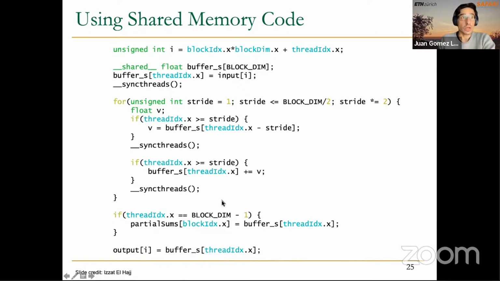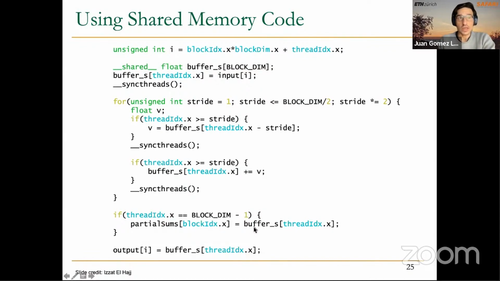By the way, you will also identify this if statement almost at the very end of the kernel. The body of this if statement is only executed by one thread in the whole thread block, in particular the last thread of the thread block. So in this case we are using a thread block of blockDim size. So threadIdx.x equal to blockDim - 1 is the last thread of the thread block.